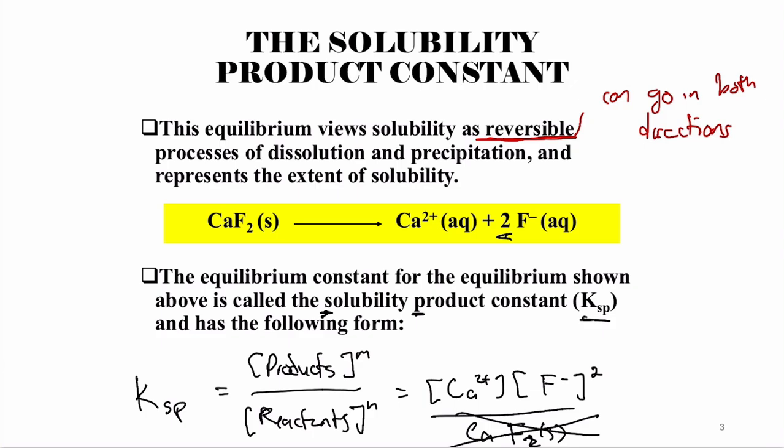So this is directly going to be telling us how much of it actually dissolves in solution. All right, that's because solids are not included in our equilibrium constants. And this is, Kc, Kp, and now Ksp is the same thing.